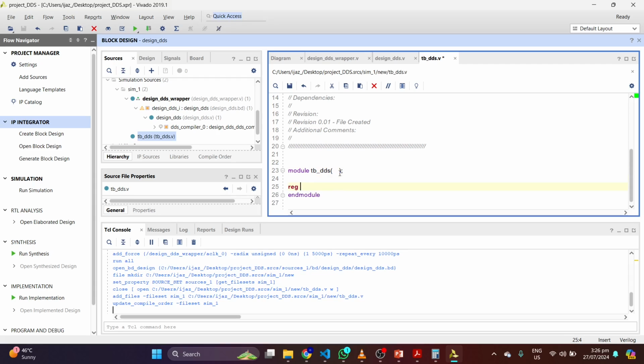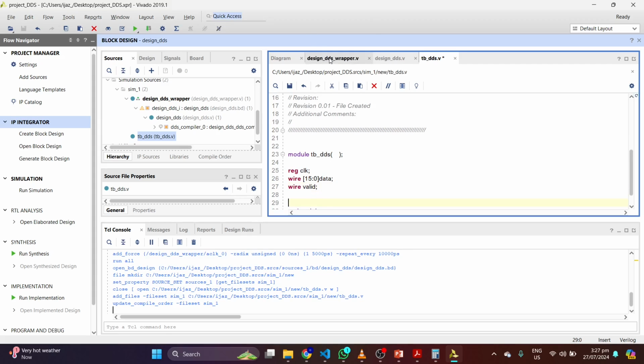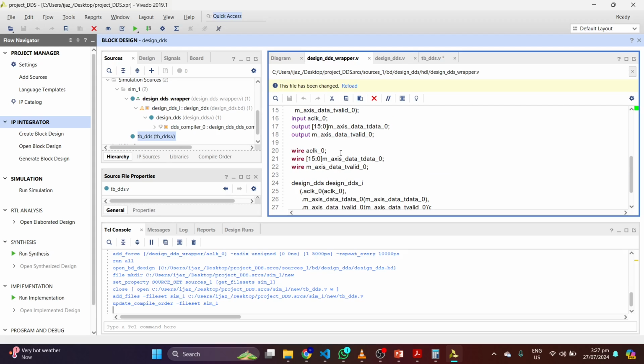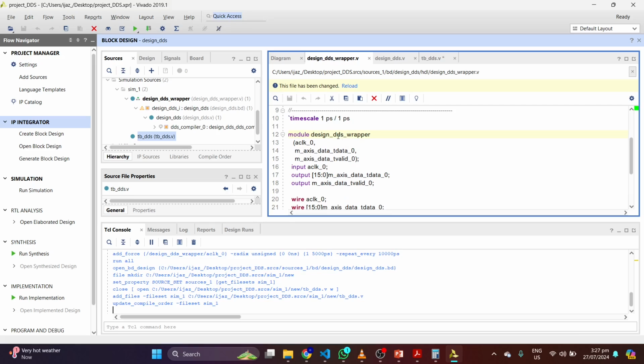I have one clock signal. Okay, then I have data which is 16 bit, and then I have a valid signal. Okay, I will just put these features over here. These are the signals of this module.